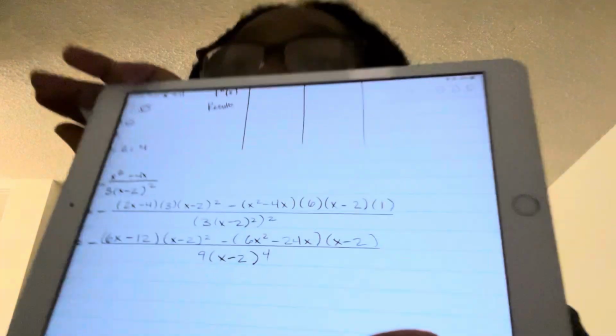Okay, so we can factor out the x minus 2, so we cancel this, and this will become a 3. So now we have 6x minus 12 times x minus 2, minus 6x squared minus 24x, over 9 times x minus 2 cubed.